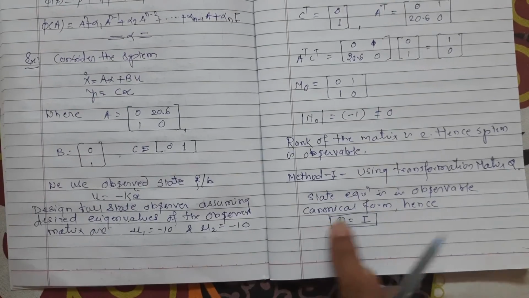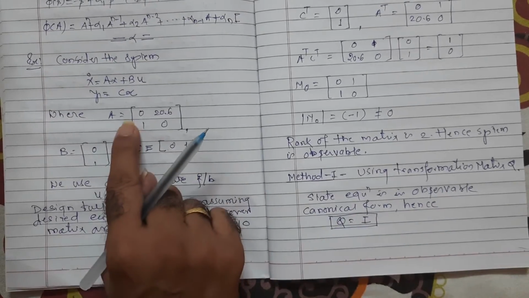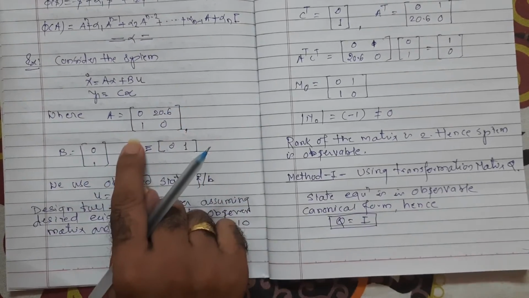Now see here, the state equation is in observable canonical form.